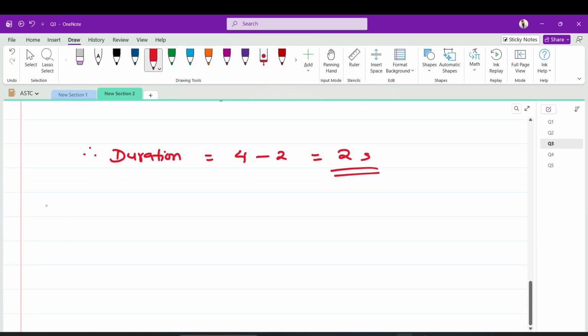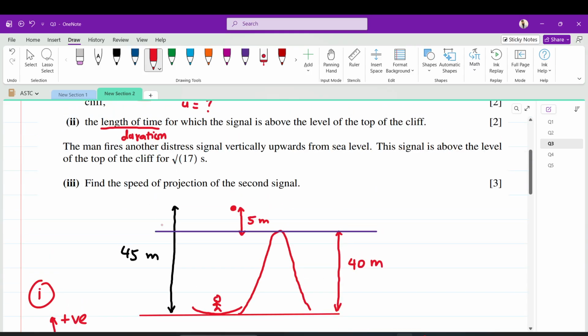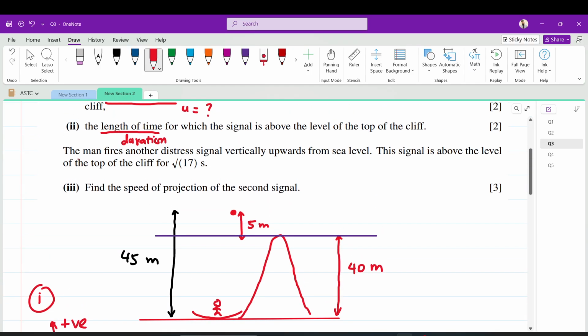All right, the last part of this question. It says the man fires another distress signal vertically upwards from sea level. This signal is above the level of the cliff for root 17 seconds. That means that this is not the time, this is the duration.